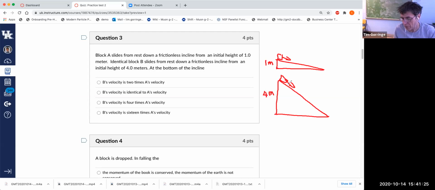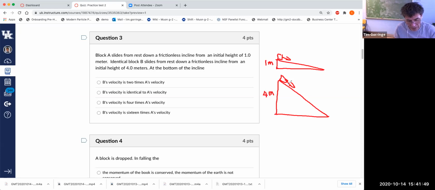So what happens from an energy perspective here? What happens is that the initial gravitational potential energy of the blocks at the top of the inclines gets converted into kinetic energy at the bottom of the inclines. And so we're turning gravitational potential energy into kinetic energy.